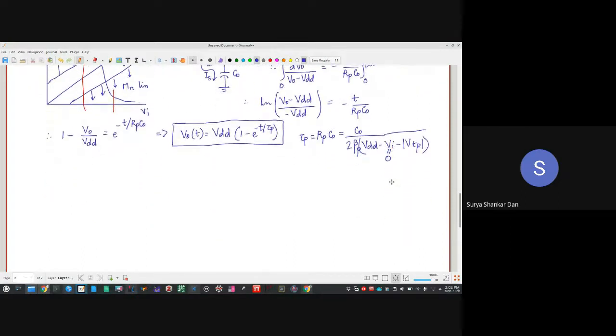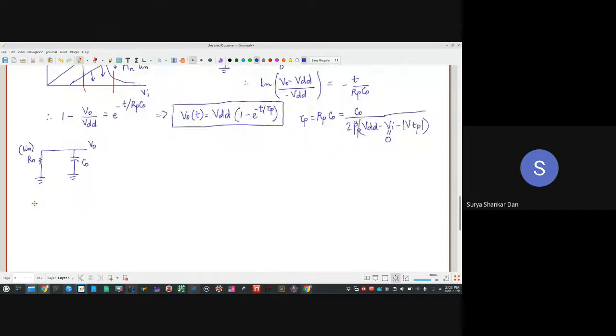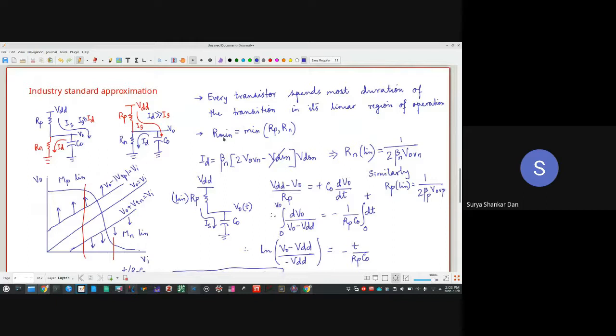All right, so let's just do this exercise for the fall time also. Rn, again, I'll be choosing the linear. That is the industrial approximation, as I said. I'll not call it the effective.